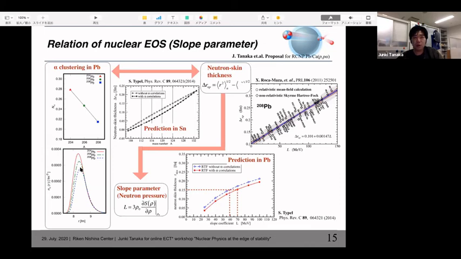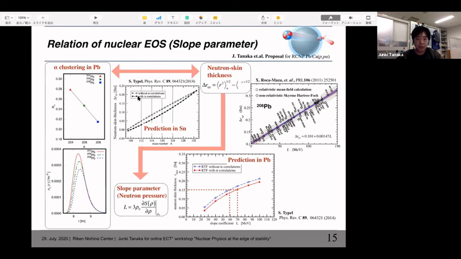For the moment, one of the ways to extract the slope parameter in nuclear EOS from the experimental information is to use this relation between neutron skin thickness and slope parameter. And the existence of the alpha cluster may change this relation. The existence of alpha cluster may change the neutron skin thickness.